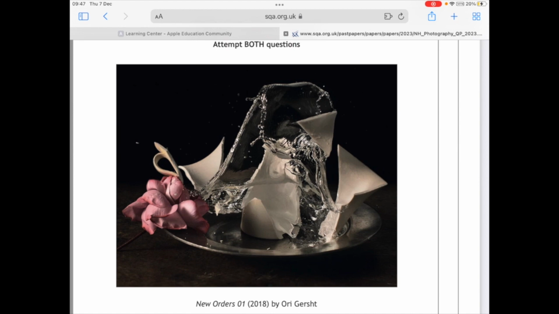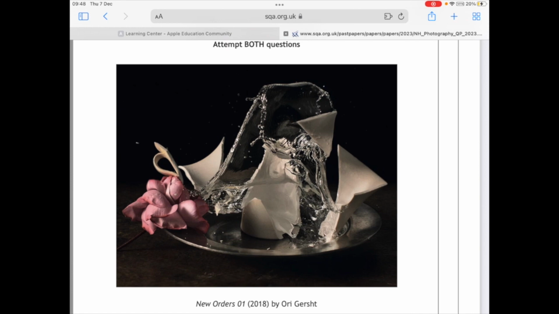So that's quite an interesting one. So the photographer has set the camera up on the tripod and has dropped the mug, and taken the photo at a specific time. So we're assuming that the photographer's working alone when they've taken that photograph. So yeah, that could be an answer.